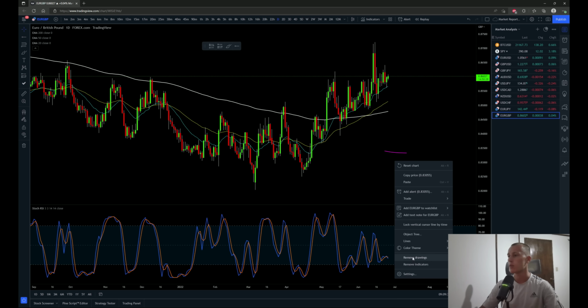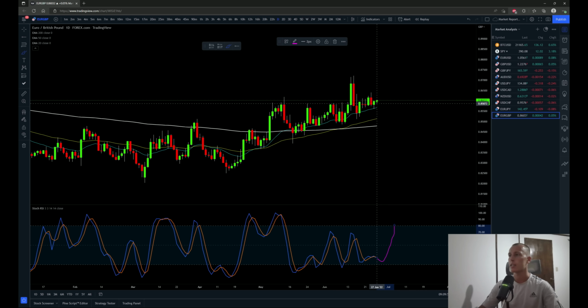So we may have an opportunity here to enter in and expect a continuation move up. This definitely has cooled off and may be ready for a bigger move to the upside. It just pulled back a few times into the 20 exponential moving average, quite a few times pulling back here. So those were some potential opportunities.